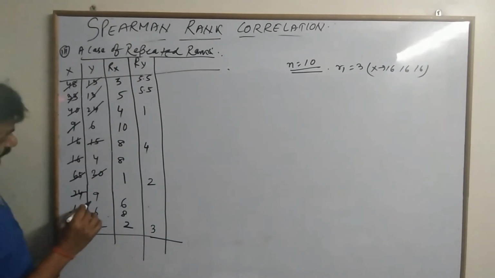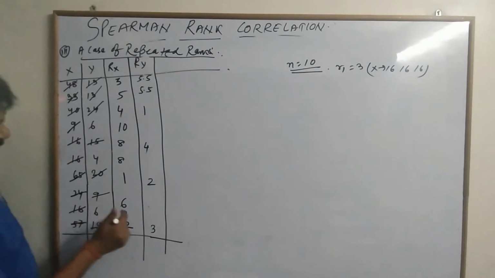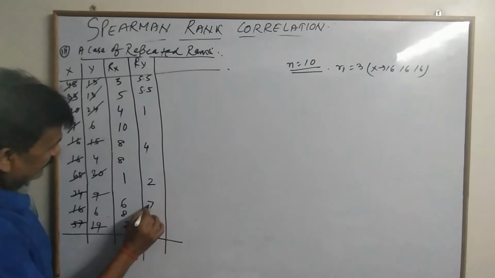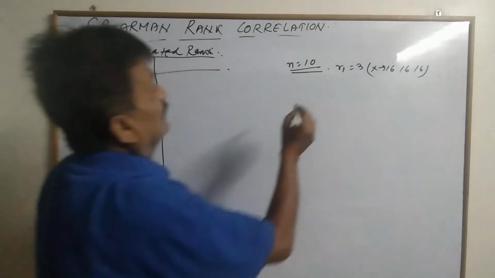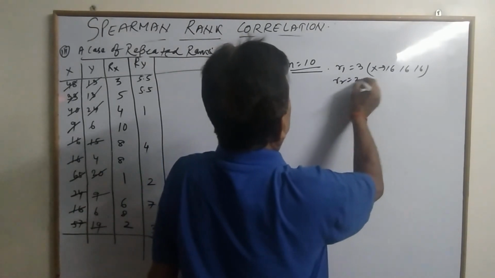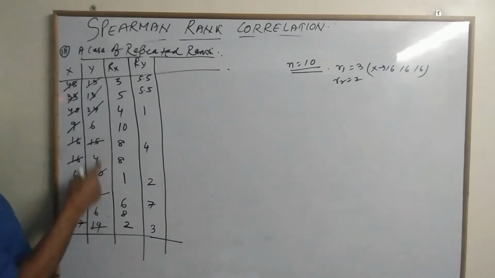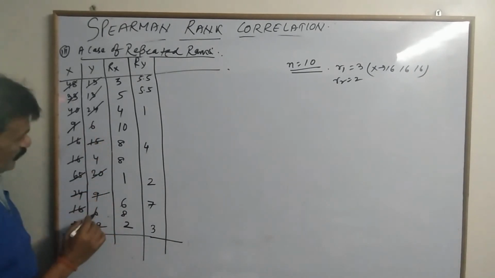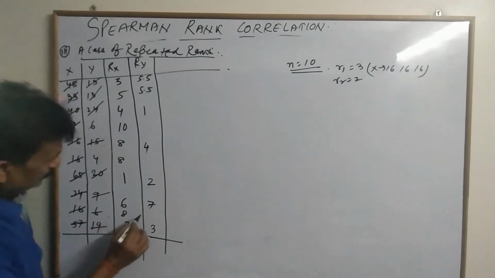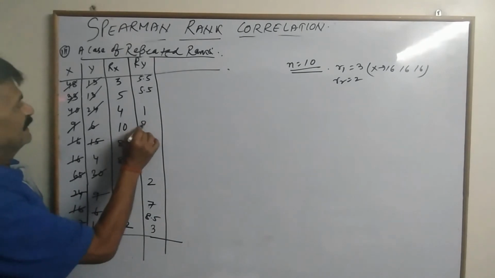Now 9, it is 7. Now again identical numbers, here are 2, 2. Once again, 8 and 9, 17 divided by 2, so 8.5.